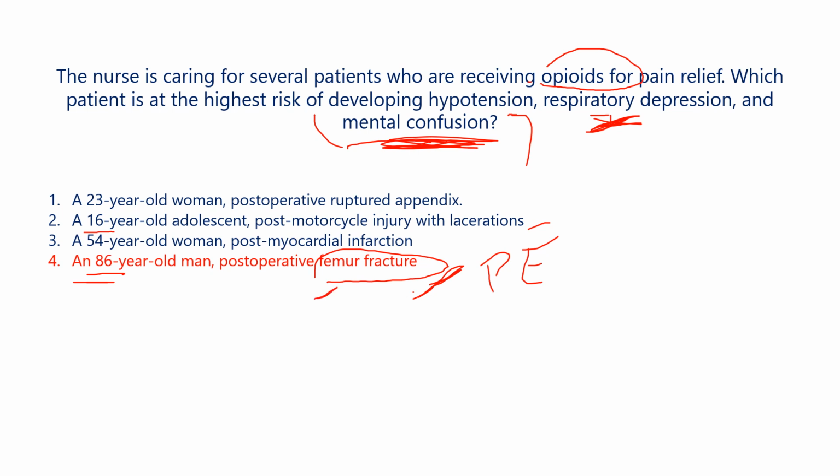And that is the reason why I picked 86-year-old, not just because of age, but because of the type of fracture, versus appendix and young client is going to be able to ambulate and not going to be at high risk for mental confusion or hypotension. Again, in my opinion, post-op femur fracture, high risk for blood clot, issues with ambulation, putting them at high risk for either fat embolism or just blood clot in general, and taking opioids at the same time.